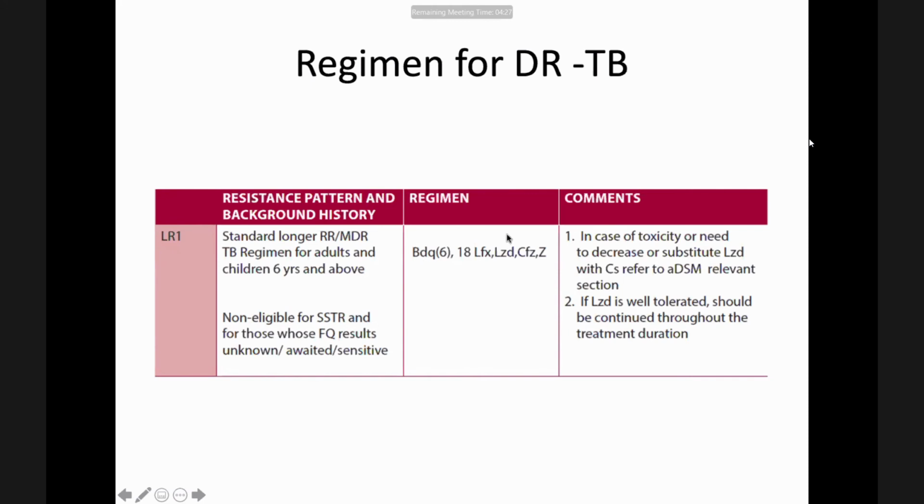So these are the regimens for the standard longer treatment, known as LR1. In case of toxicity, you need to decrease the linezolid, and subsequently replace it with cycloserine. If linezolid is well tolerated, it should be continued throughout the treatment duration. Okay, so this is how you are going to use it.